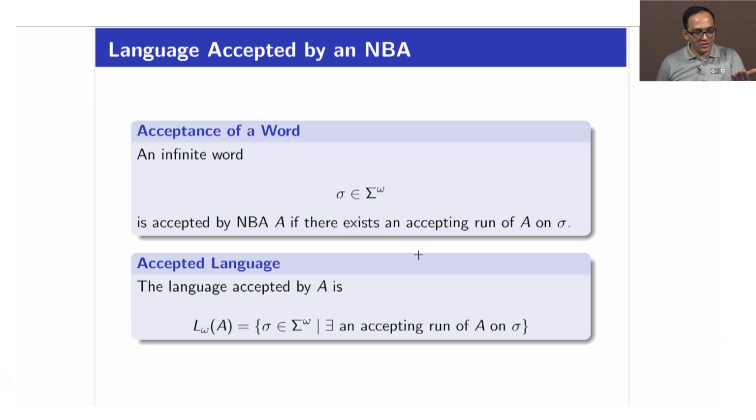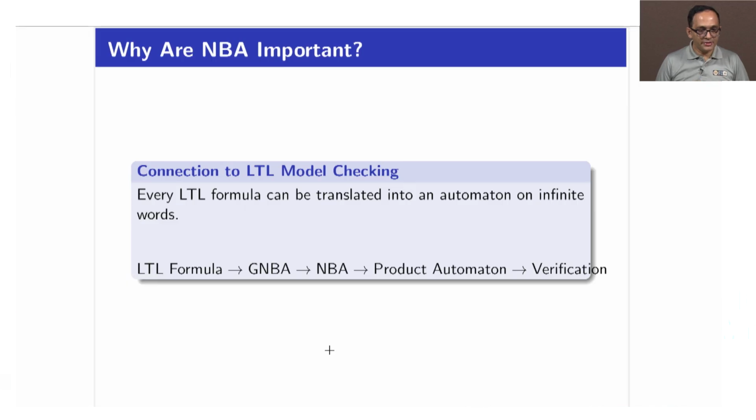This is what we have already discussed. The language is the set of infinite words accepted by the NBA, if there exists an accepting run for the word. There can be multiple runs, but at least one accepting run corresponding to this word visits the final states infinitely often. I think that is clear, right.